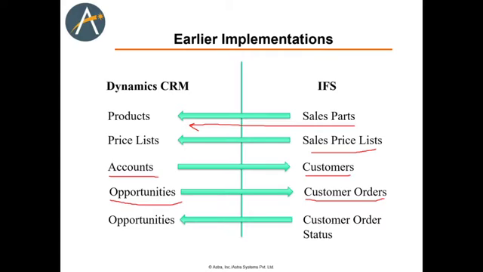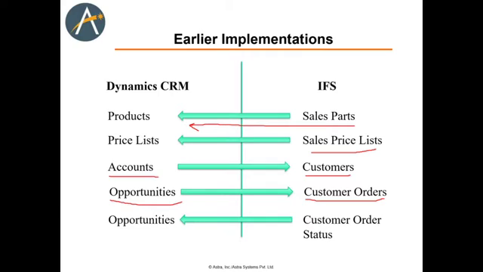So we have products in Dynamics CRM using which an opportunity is created. An opportunity is one that goes into IFS as customer orders. Now we can send back the customer order status going back into CRM. This is what one of the implementations looks like.